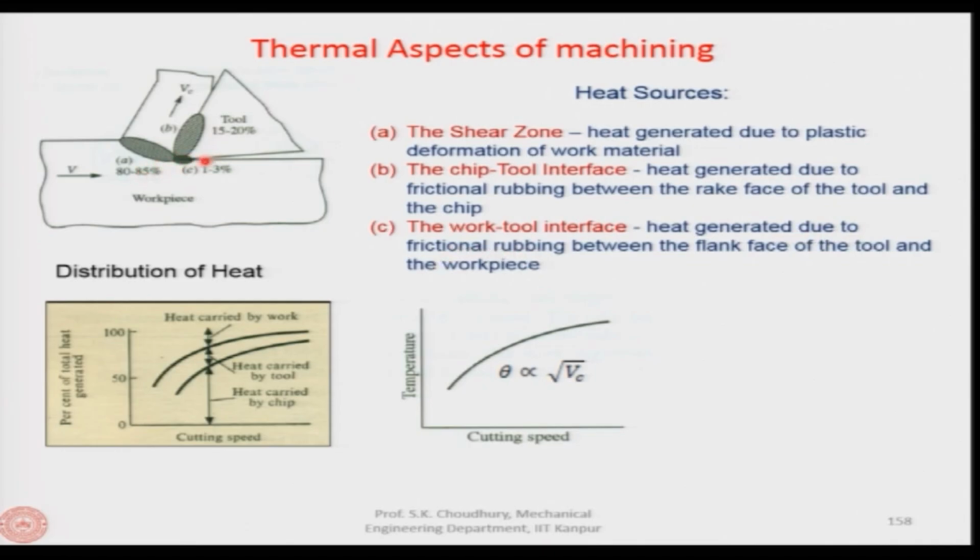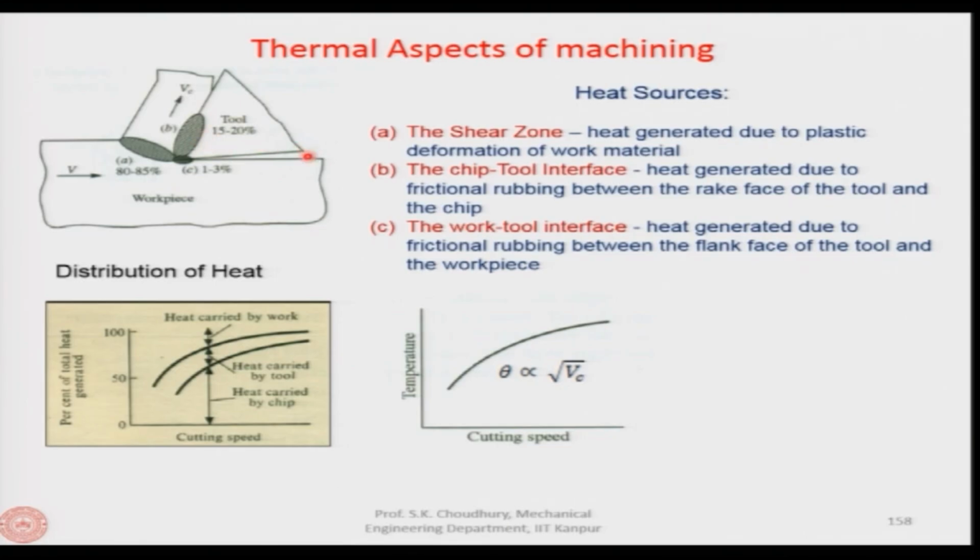So, once again the major contribution is by the plastic deformation which occurs in the shear zone. Next is the chip tool contact area. Here about 15 to 20% of the heat is generated and 1 to 3% of the heat is generated due to the rubbing of the flank face with the machined surface.